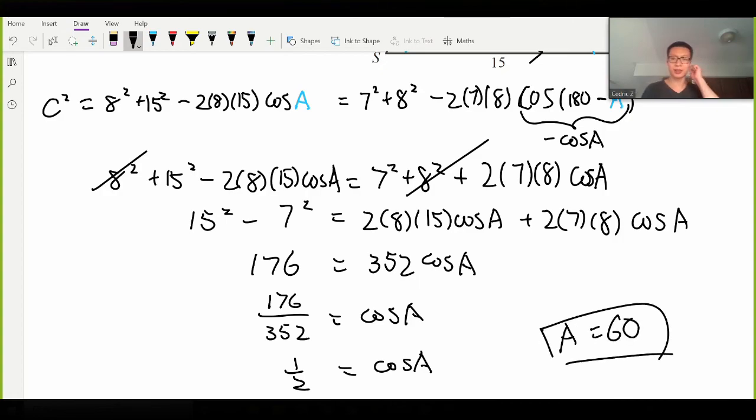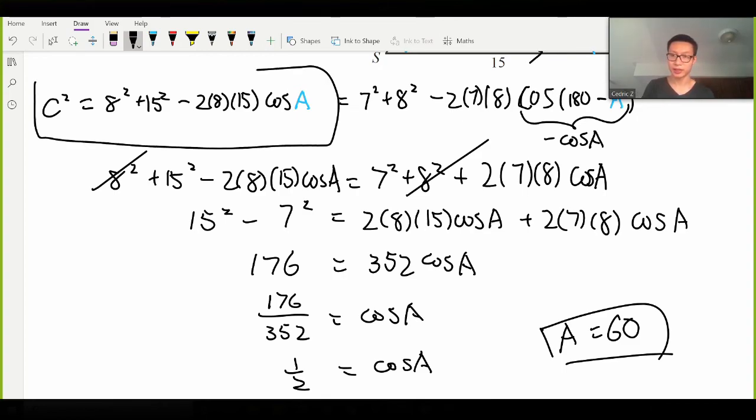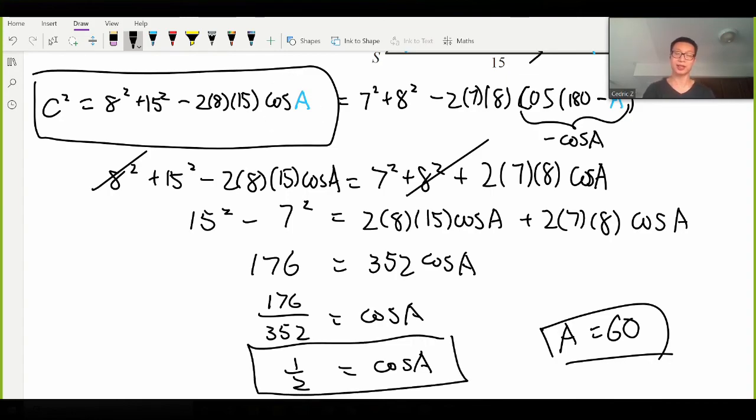But that's a little redundant. Remember, in order to calculate C squared based on this formula, we just need to know cosine A, which is exactly 1/2. So we can go back to that formula and replace cosine A with 1/2.